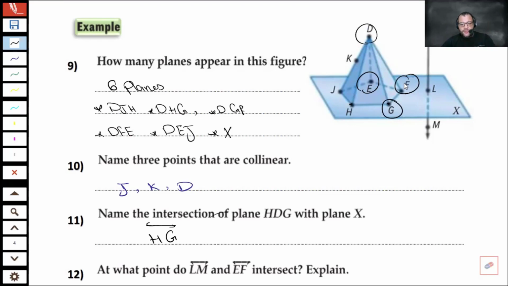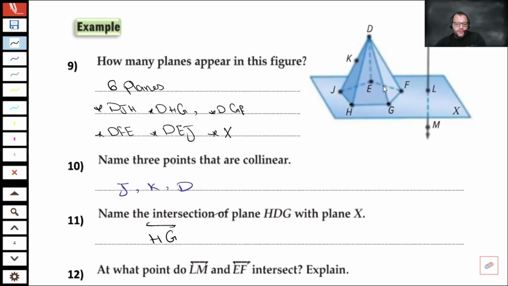So, are they coplanar? Yes, they are coplanar. What is the plane that they are contained in? Plane X. Does the point D lie on the plane X? No, it doesn't. It means they are not coplanar.